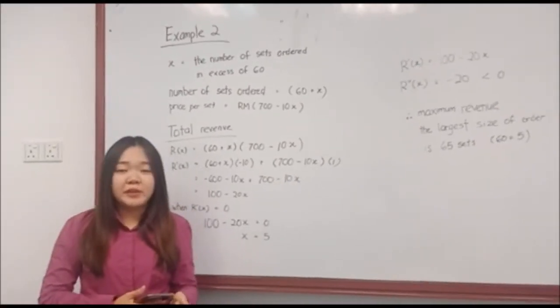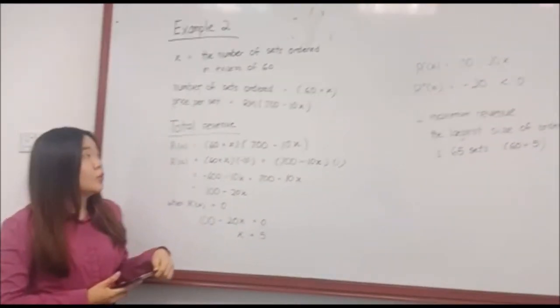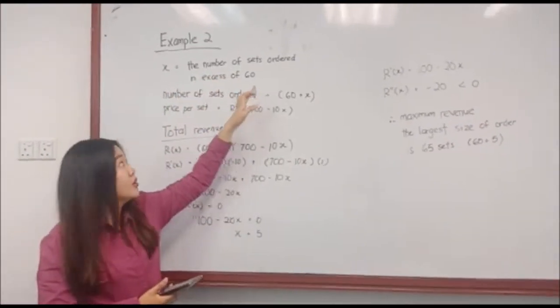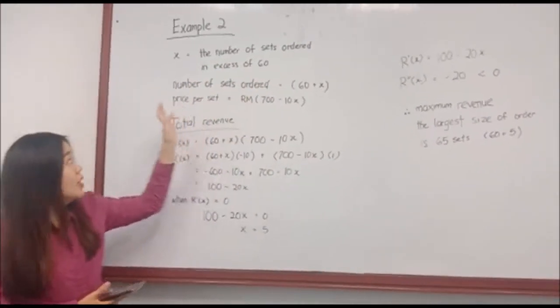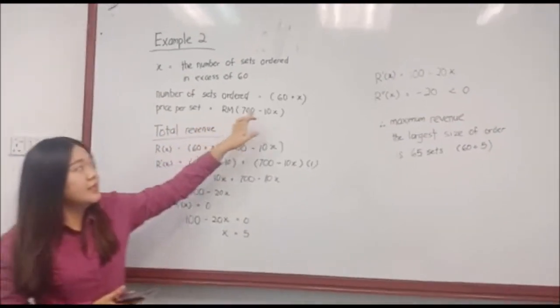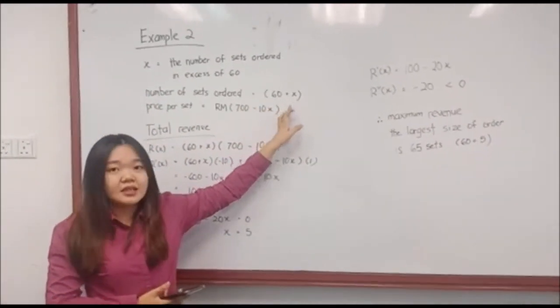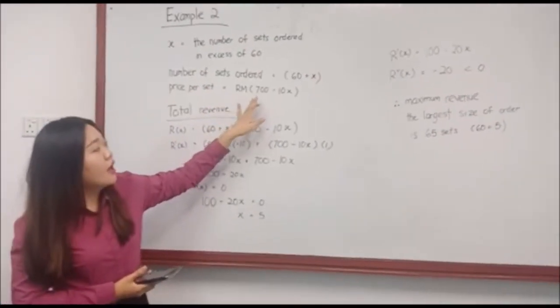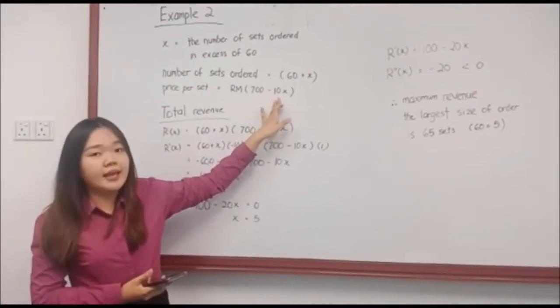Now I'm going to explain example 2. Based on the question given, let x equal the number of sets ordered in excess of 60. So the number of sets ordered is 60 plus x. The price per set is 700 minus 10x.